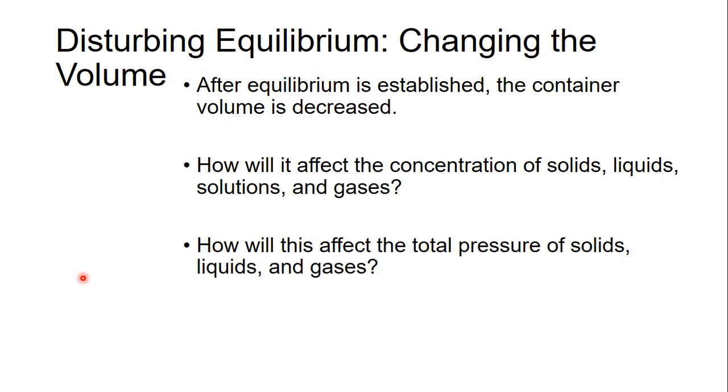The pressure of solids and liquids isn't affected by the container they're in, but for gases it is. Remember, for gases, pressure is just how often molecules hit a wall. In a smaller container, you hit the wall more often, so your pressure will increase. How does this affect the value of K? The only thing that affects the value of K is temperature, so K will not change.